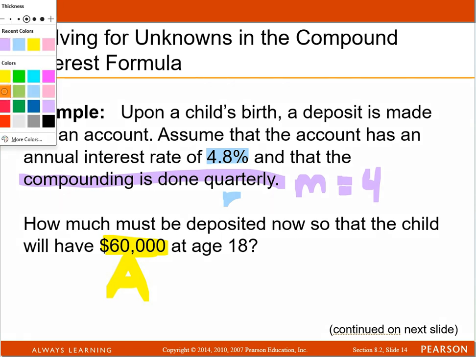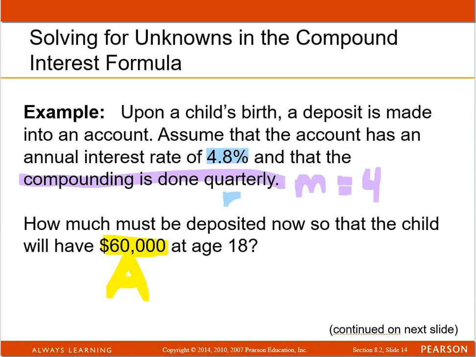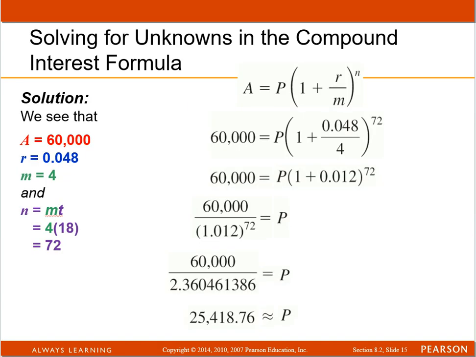How much time has gone by? Well, it was upon a child's birth and then at age 18. So time is 18 years. Remember, this formula has an A, a P, an R, an M, and then N, which is M times T.